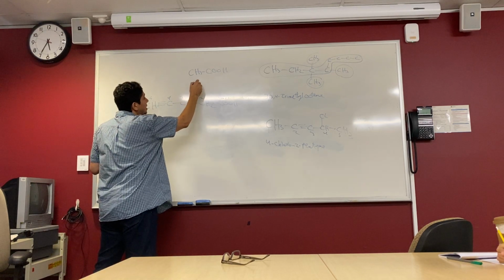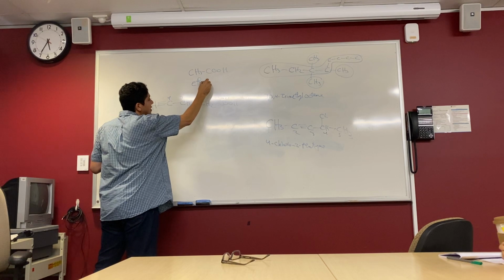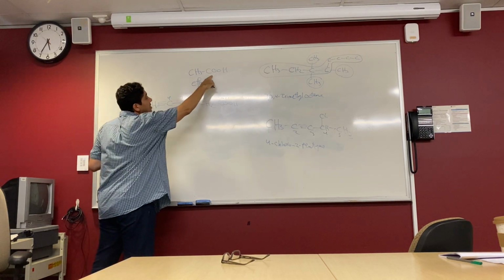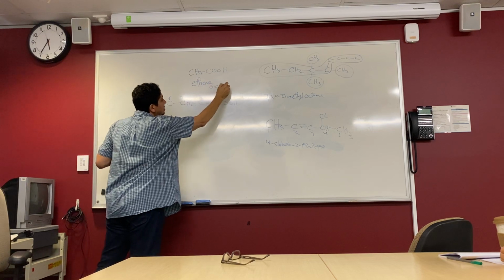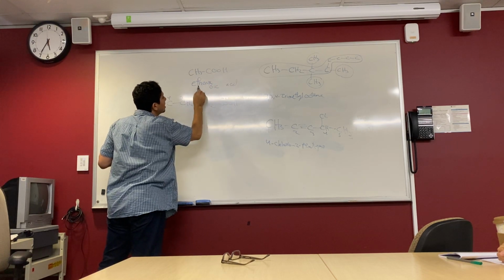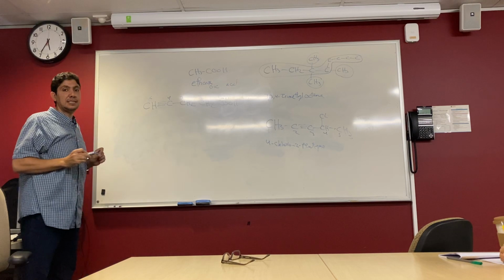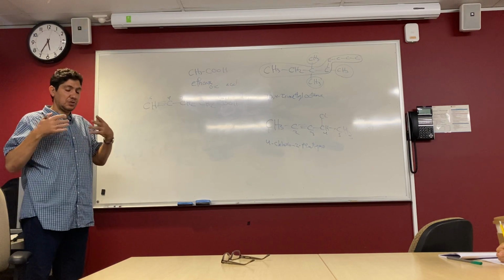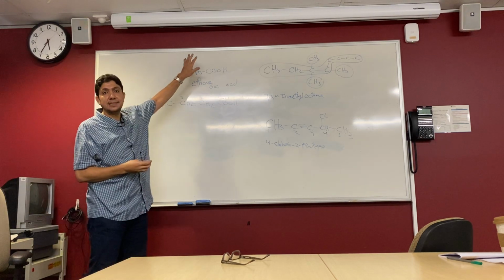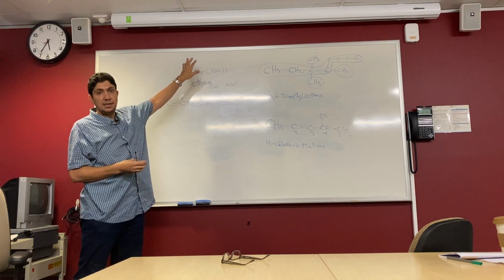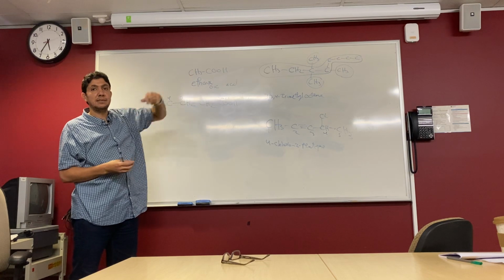Because if it's an alkane, we'll call it ethane. But if it has carboxylic, take out the E and put oic acid. So it's called ethanoic acid. This is how to give a name for a carboxylic acid. But of course, the common name is acetic acid, right? But the IUPAC name is ethanoic acid.